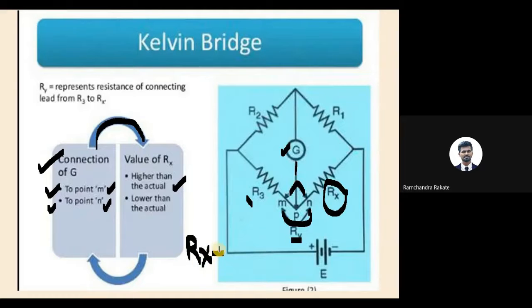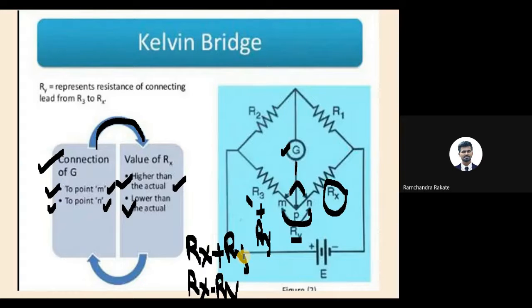Rx plus Ry is a higher value than actual, and Rx minus Ry is a lower value. This value will get added into R3, so it becomes R3 plus R1. All this modification we are doing just for accuracy in low value resistance measurement.